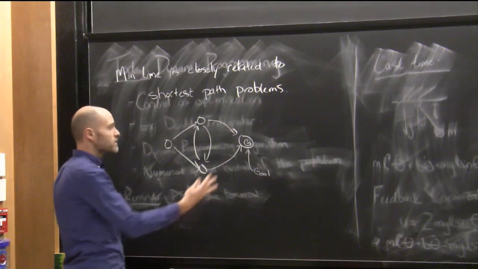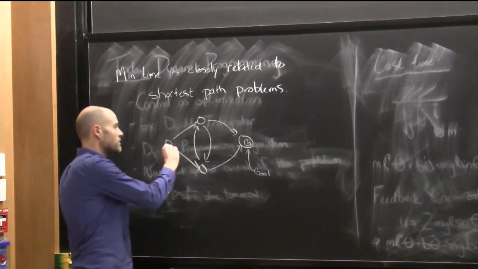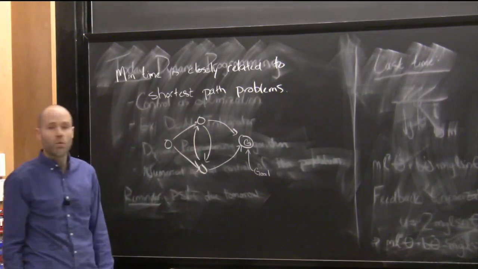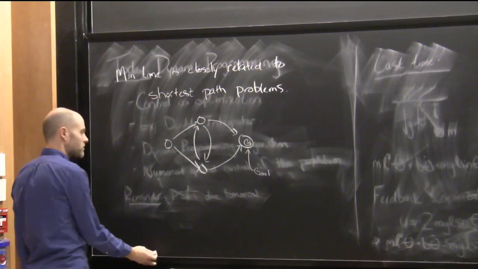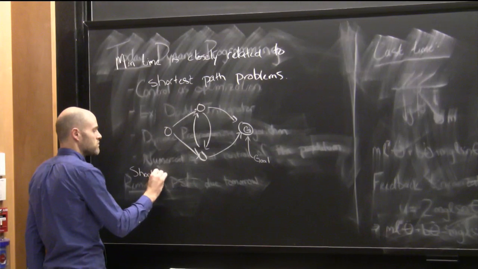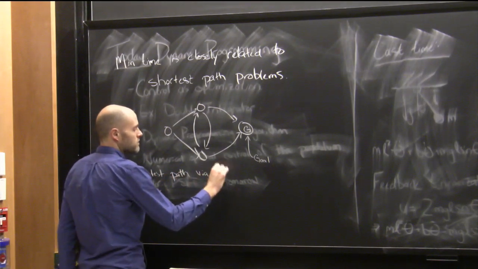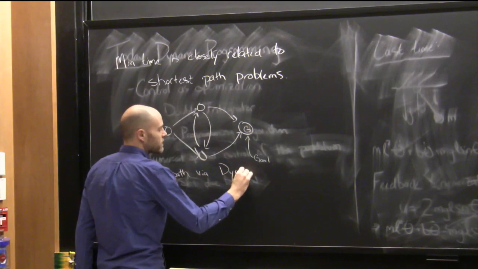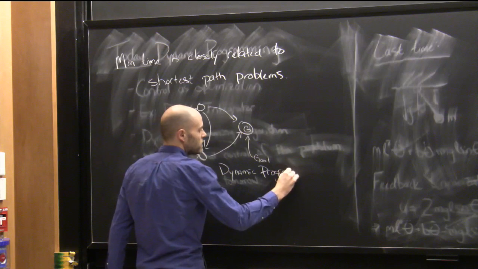If you want to solve it for every initial condition simultaneously, instead of just solving for a particular one, then the way that people solve that is with dynamic programming, okay? It's a particular recursive algorithm that's very good at solving that for all initial conditions.